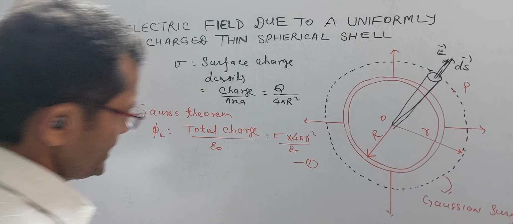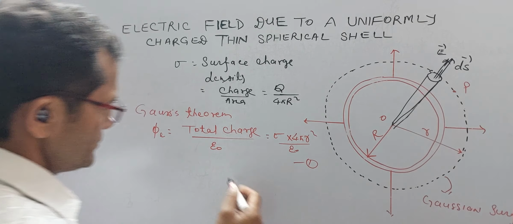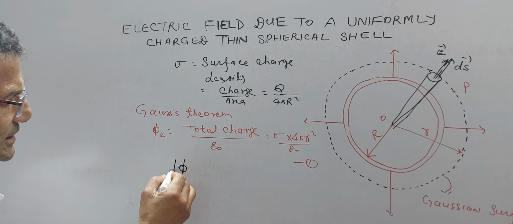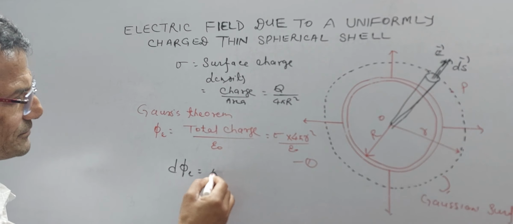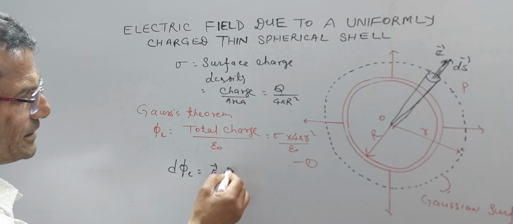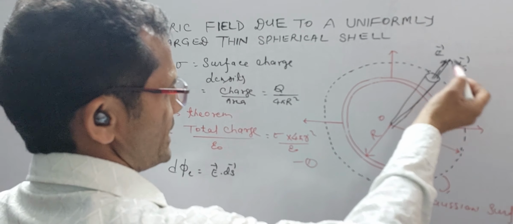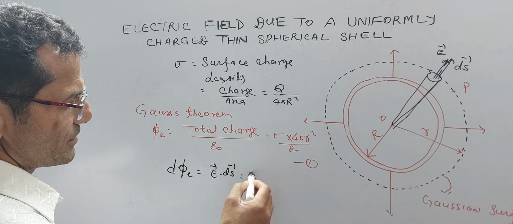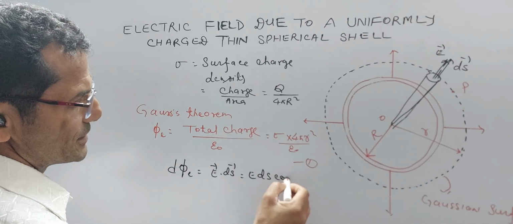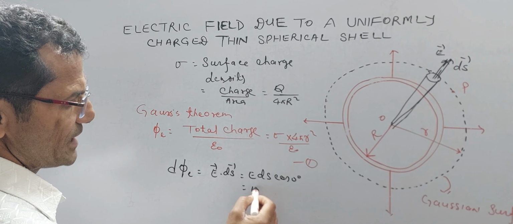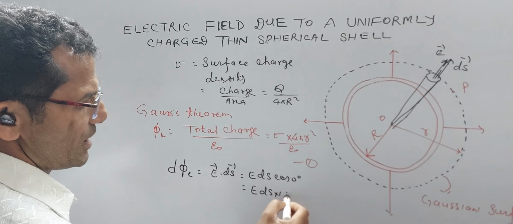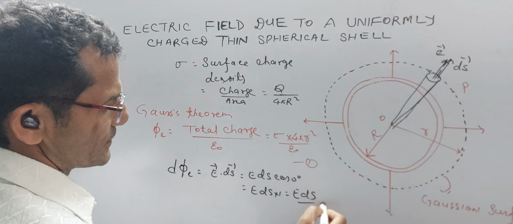So the electric flux passing through this is E dot dS. Since the angle between E and dS is 0 degrees, it comes out E dS cos 0 degree. Cos 0 degree has the value 1. Now it comes out E dS.